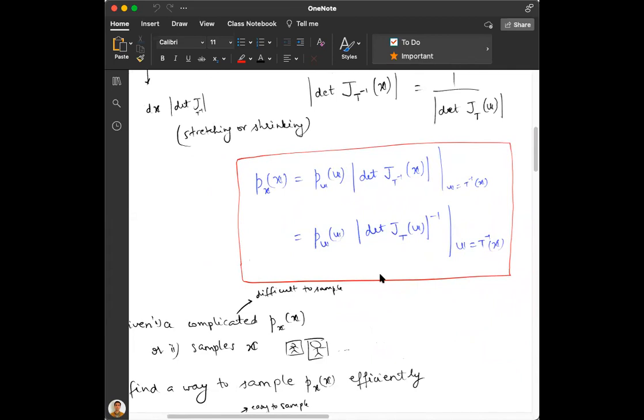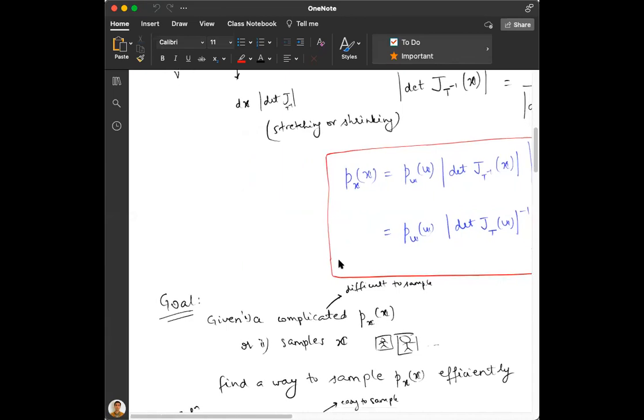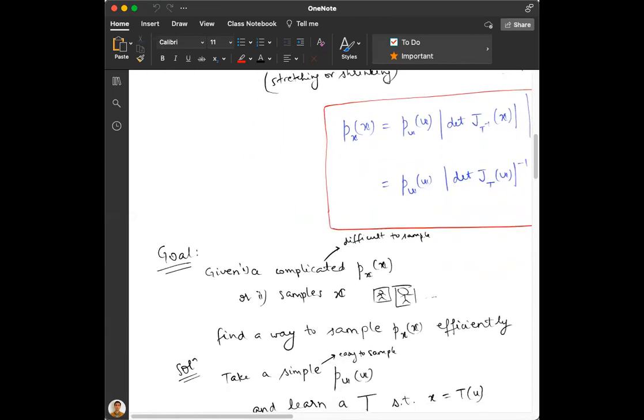Now here we said, if we have a u given to us, and if we have a target x, or the probability of x given to us, can we find an optimal t which can do this job, this mapping? So we found that, okay, let's start with some invertible form of t.